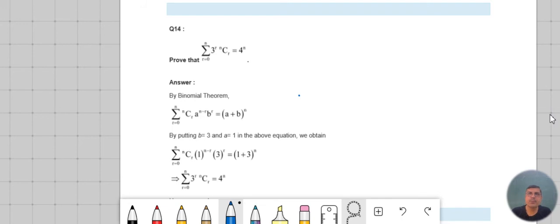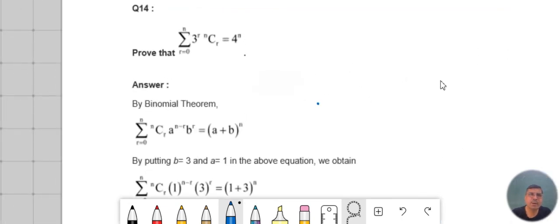Prove that the sum of 3 raised to r, very easy question, r is running from 0 to n, 3 raised to r into nCr is equal to 4 raised to n.